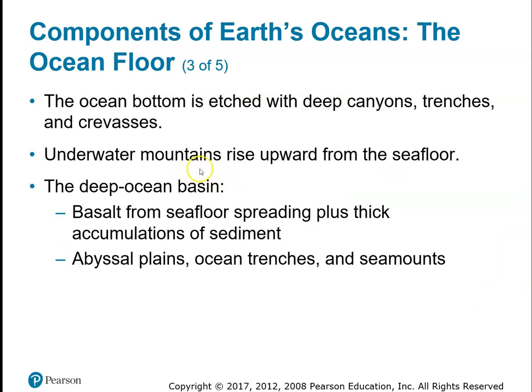The deep ocean basins are where the seafloor spreading is taking place, and basalt is the magma that rises up from the interior of the earth, from the mantle, and then cools and becomes rock, and that's the type of rock we call basalt.